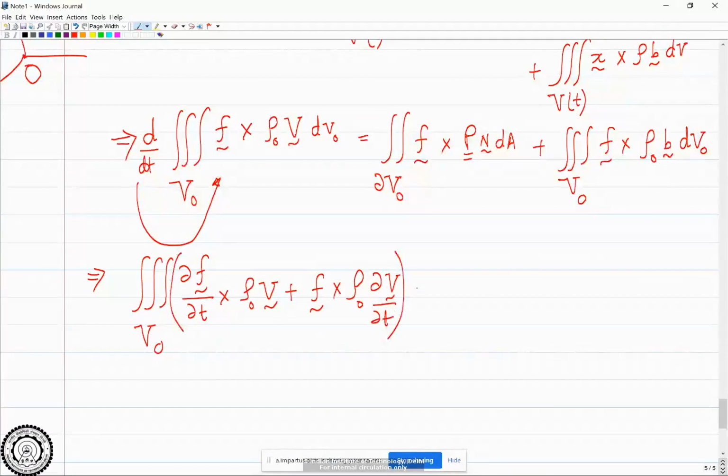But it's becoming partial now because it's Lagrangian. And the right hand side is the same as it was earlier.